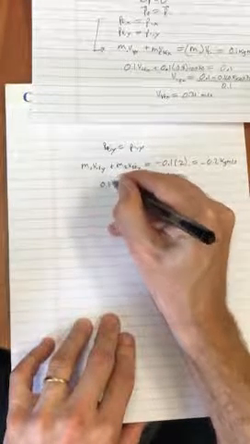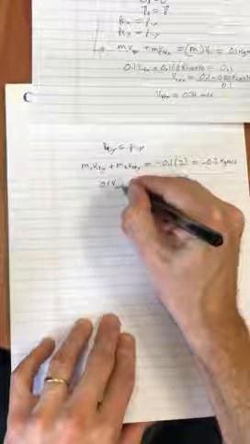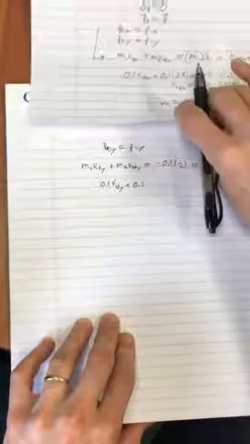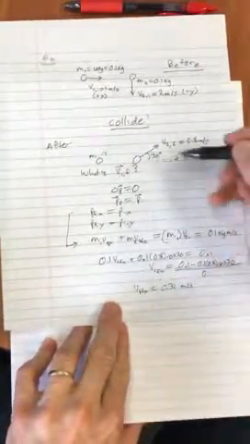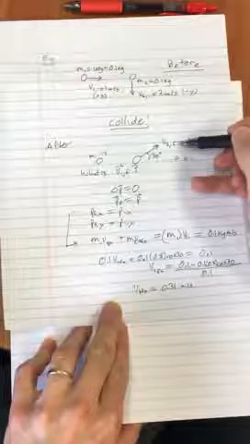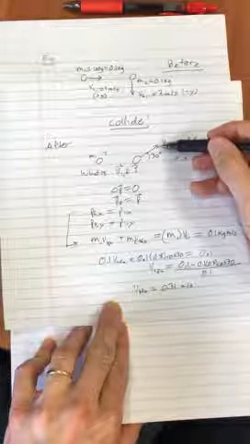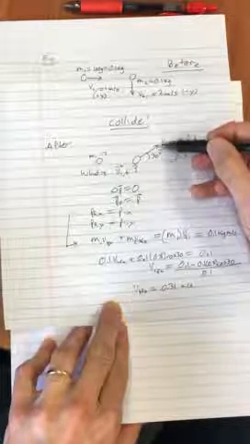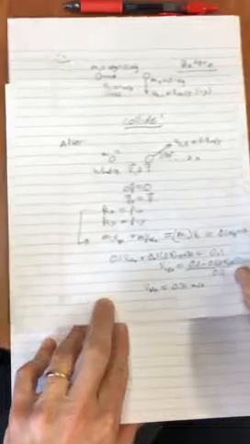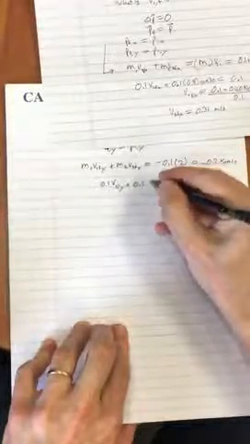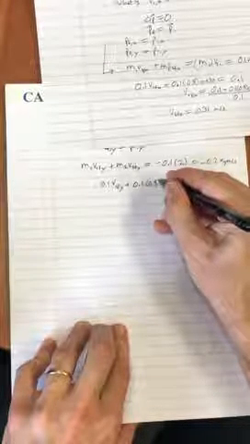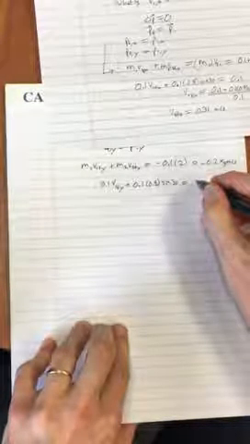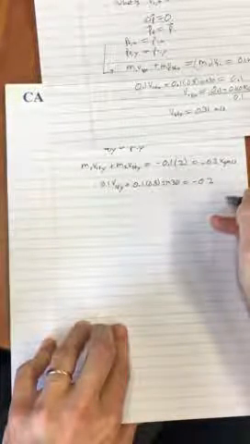So I have 0.1 v1fy plus 0.1, and v2fy is the y component of puck 2 after the collision. That's v2 times sine of 30. It's opposite the angle. So that gives me 0.8 times sine of 30 equals minus 0.2.